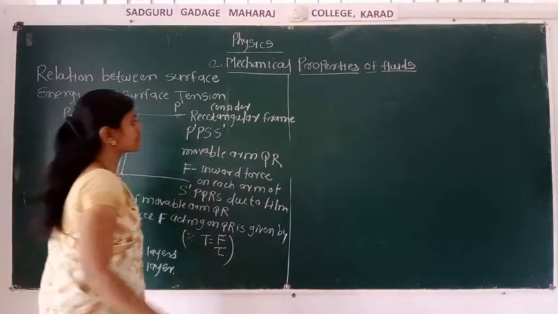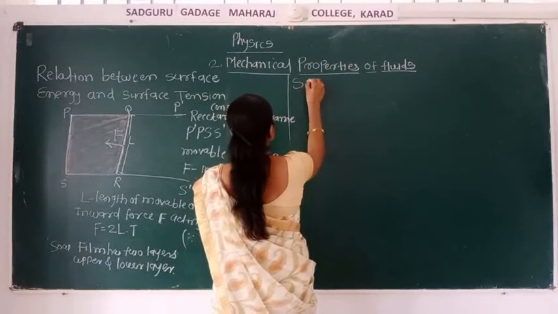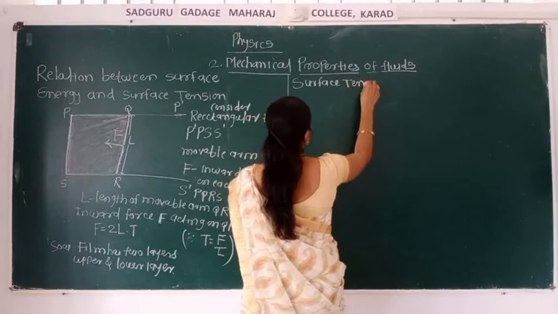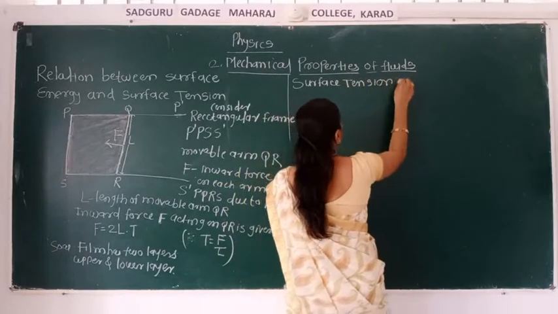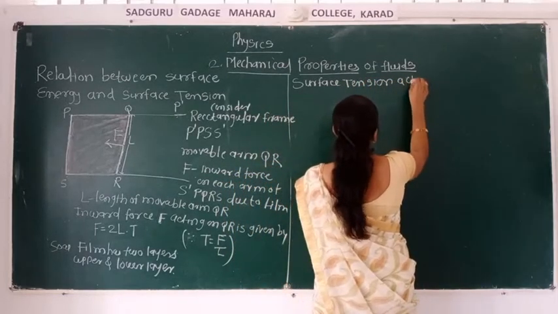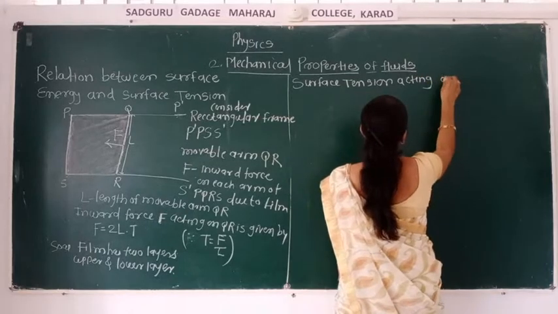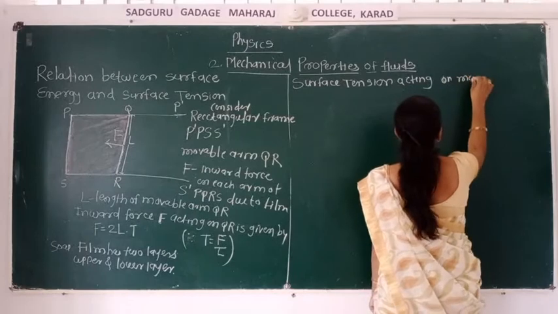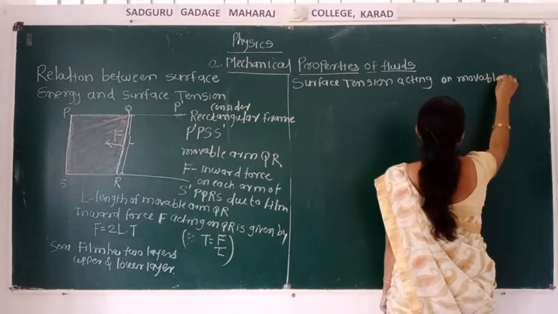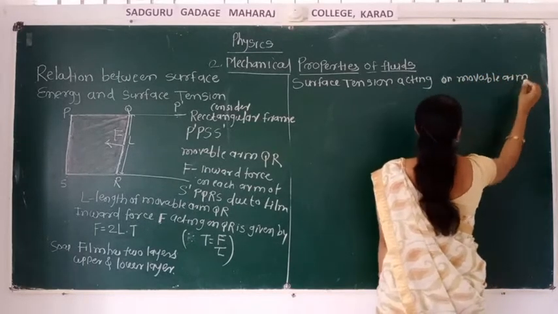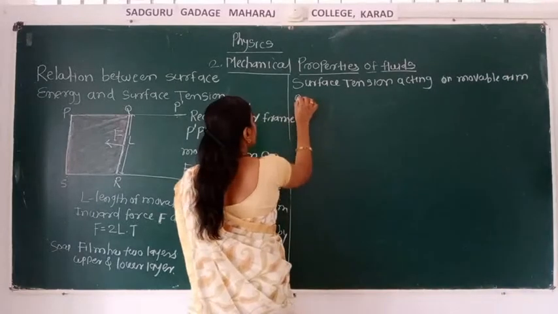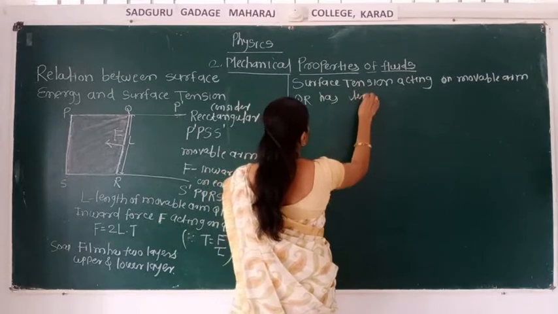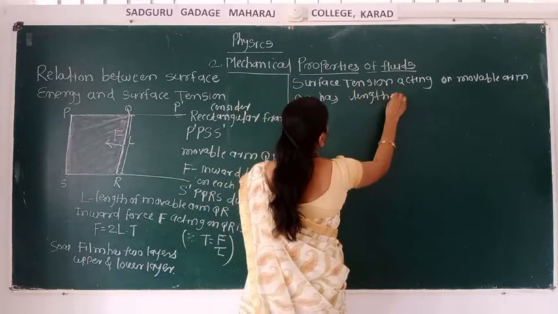So here we can say the surface tension acting on the movable arm QR has length 2L.